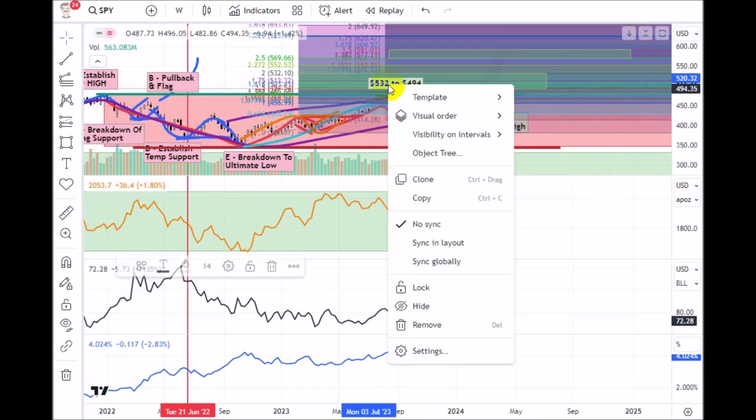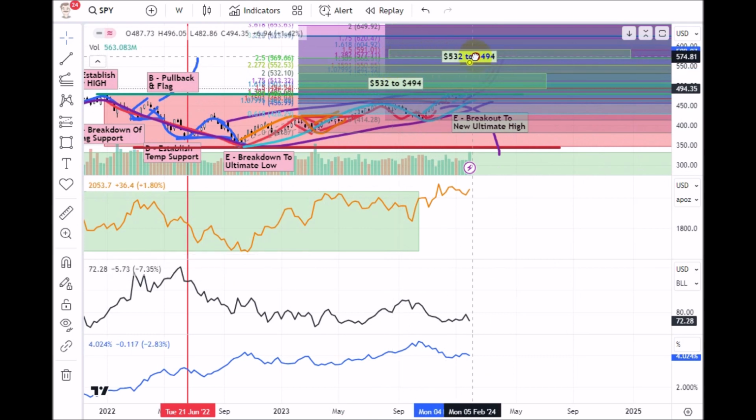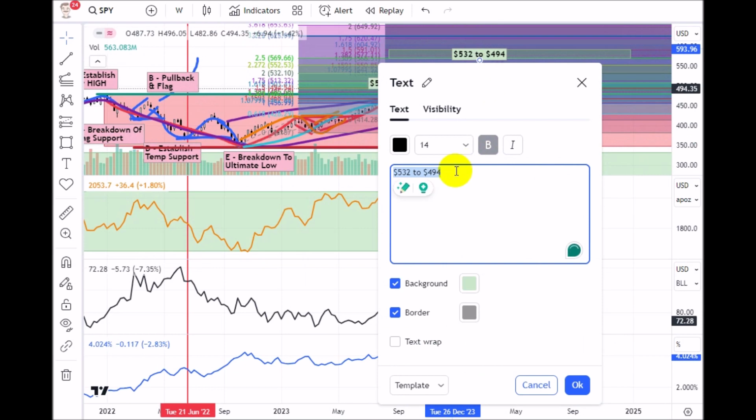And you have broader targets up here of 591 to 568.